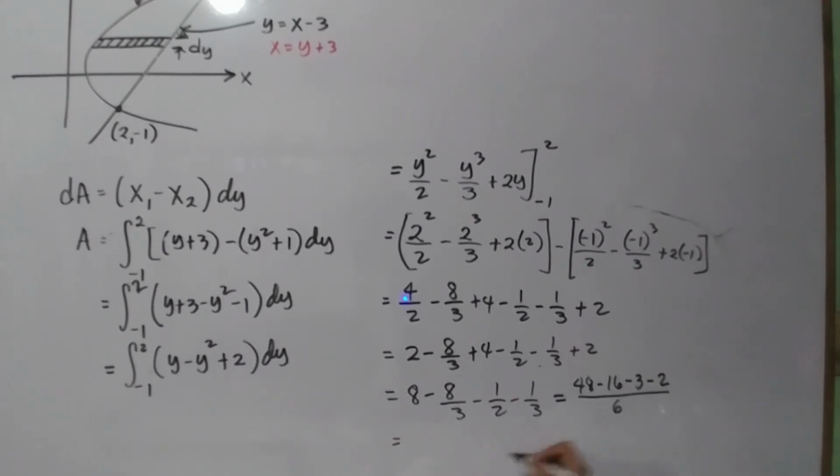So we have 21 minus 48, we have 27 over 6 square units. That's your answer.